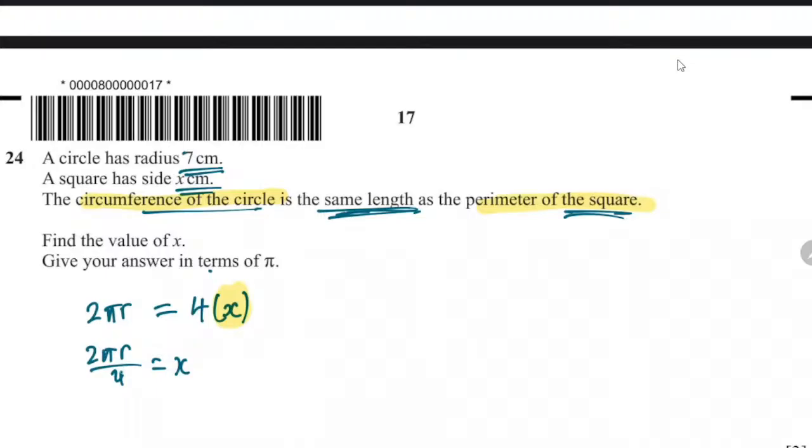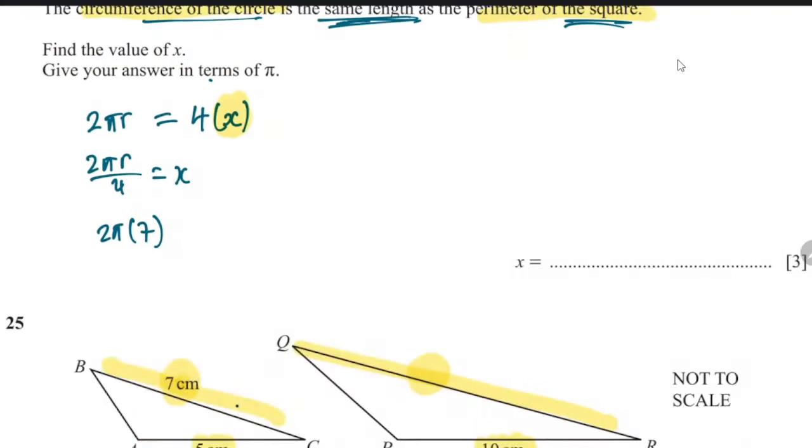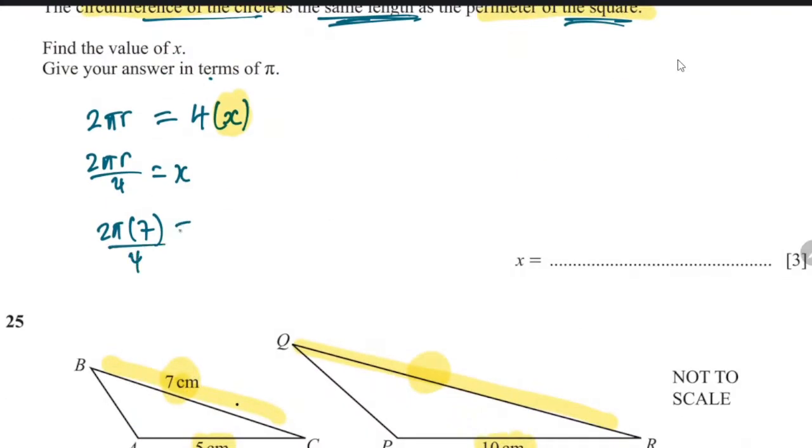Now you say, what is 2 pi r divided by 4? What's your r? 7. So it's 2 pi by 7 divided by 4. What do you get?